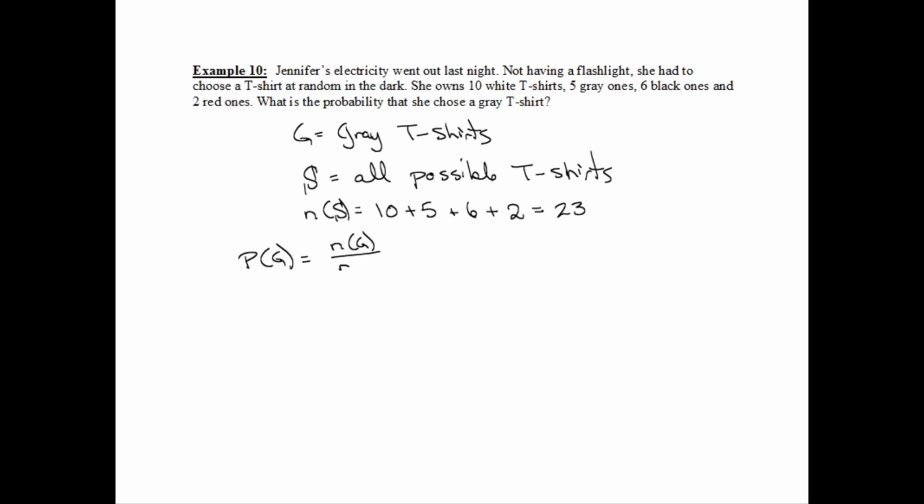Number of gray ones divided by the total number of possibilities. There's 5 gray t-shirts, 23 total. And you could come up with a decimal approximation for this if you wanted, which might make it a little more meaningful intuitively. That will be approximately 0.217.